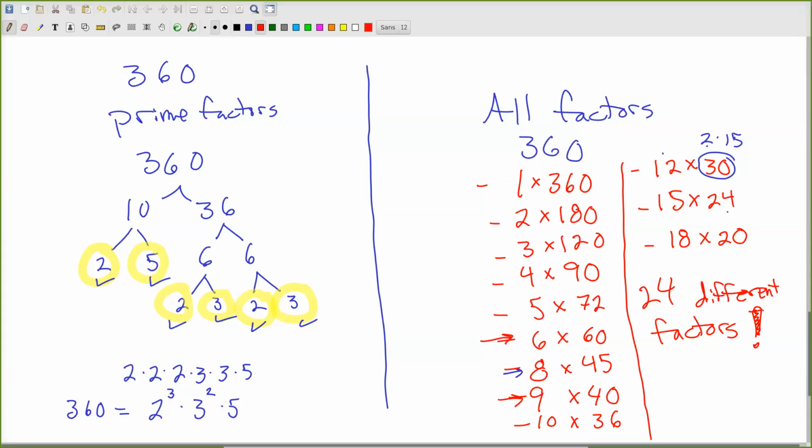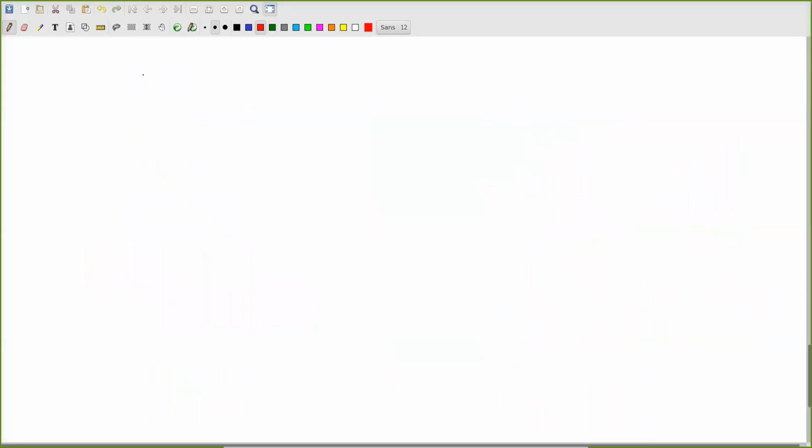24 different factors. And actually there is kind of a way to check, and I think I'll show you this. I usually don't present it, but it's kind of cute.